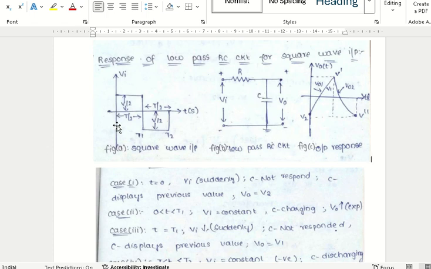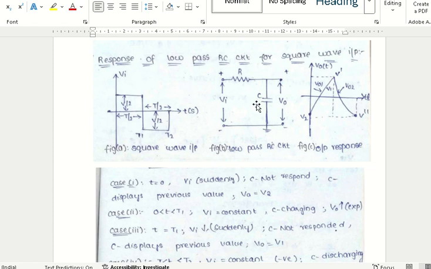Now coming to the first case, at t equal to 0, the input signal suddenly reaches the maximum value. When we apply this suddenly increasing signal to the circuit, the capacitor does not respond to sudden changes in the input signal.